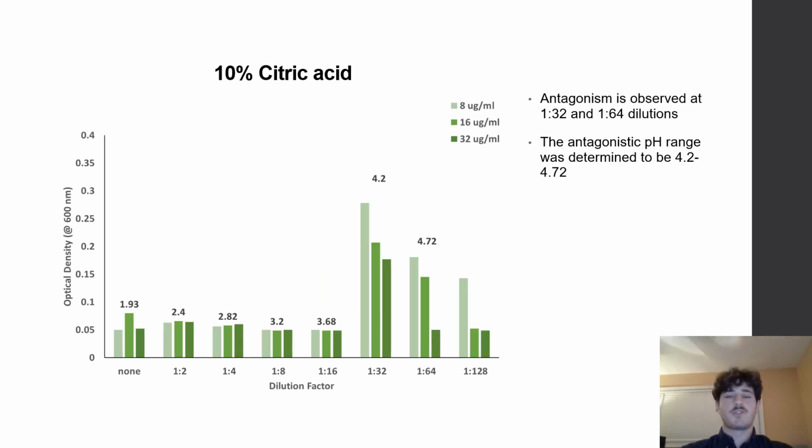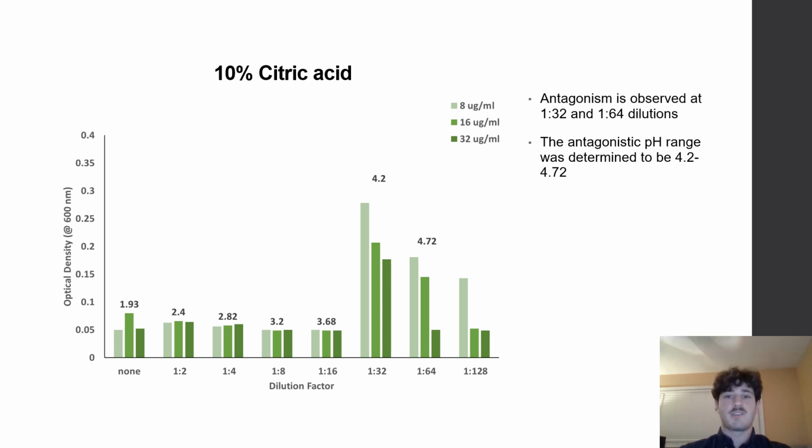The second solution from experiment 2 that had a clear antagonistic range was 10% citric acid, which had an antagonistic dilution at 1 to 32 and 1 to 64. We didn't include 1 to 128 as an antagonistic dilution because there's growth at a concentration below the cephalothin's MIC, so that's not included as an antagonistic range.